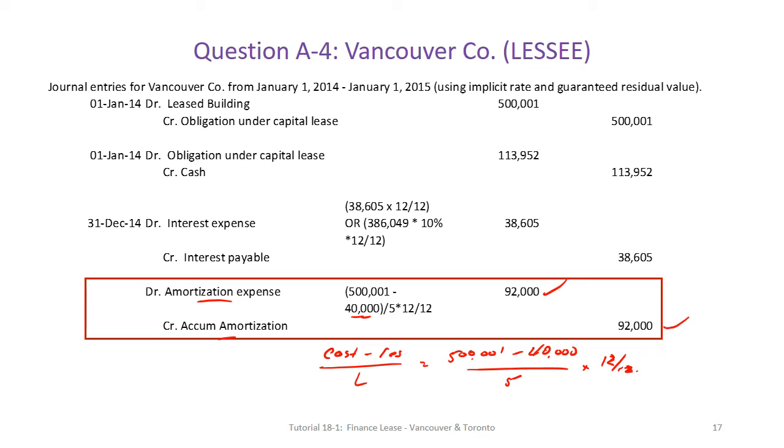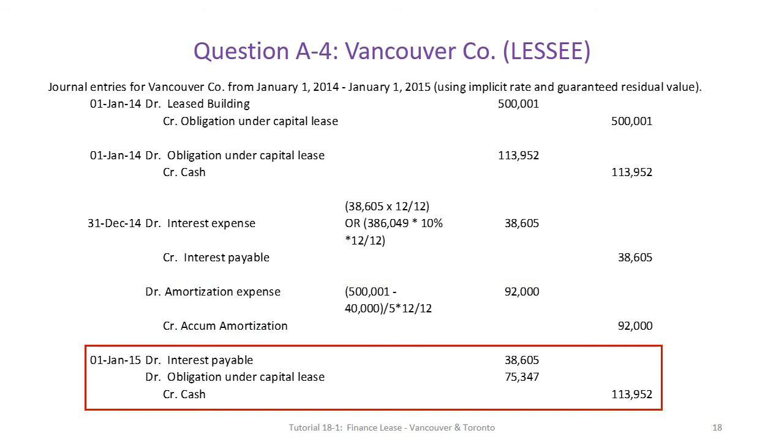So amortization expense 92,000. And then our final journal entry to record the cash payment on January 1st, 2015. Again, 113,952. The interest payable, 38,605, carries from the previous entry, and then you can plug this lease obligation amount, 75,347.